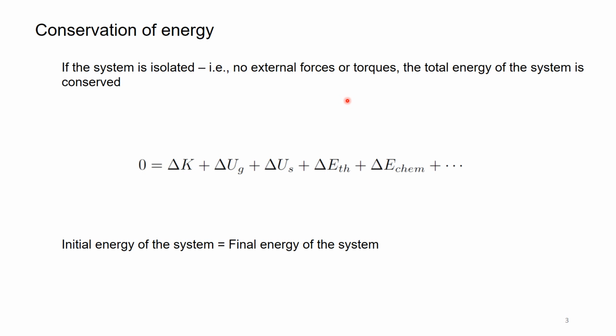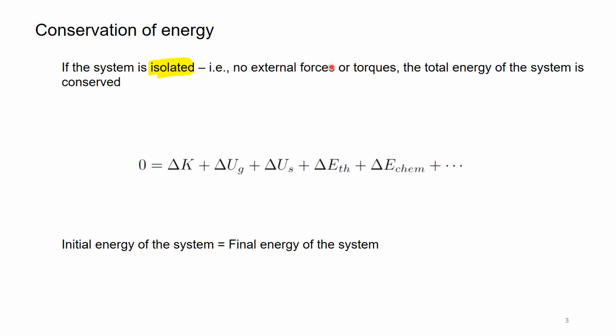Now we know that when we do work on a system, the energy of the system changes. That also means if we have an isolated system, and the word isolated means it's not interacting with anything outside the system, think of objects in a box, for example. The objects are interacting only with themselves, not with anything outside the box. That would count as an isolated system.